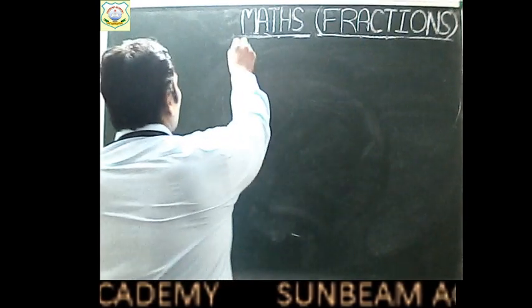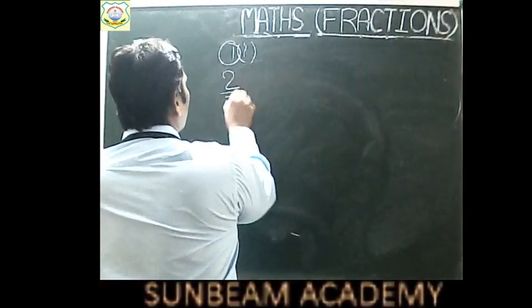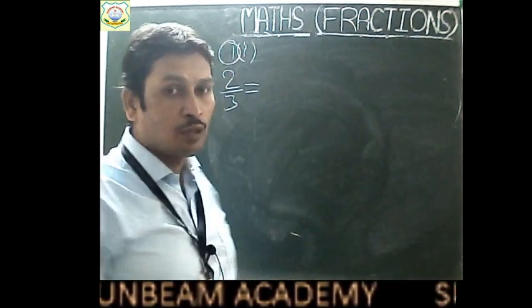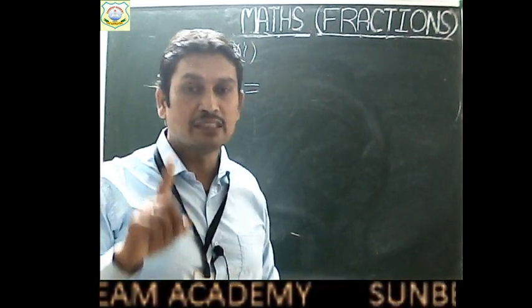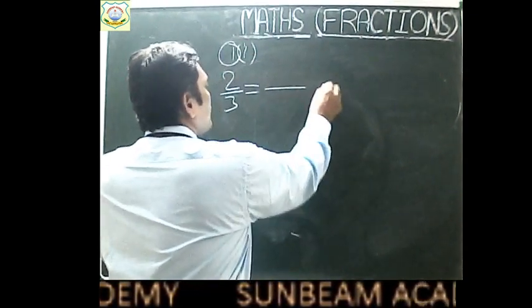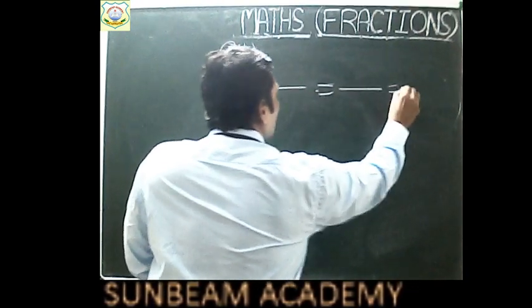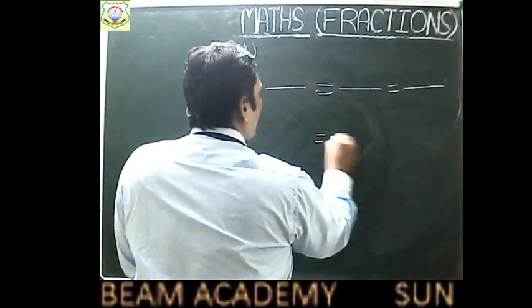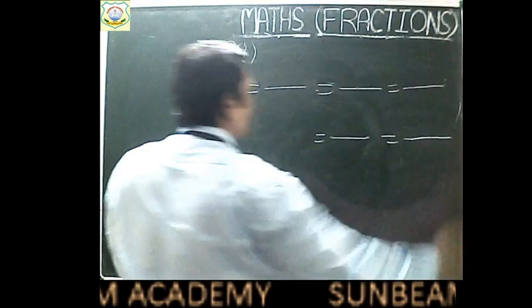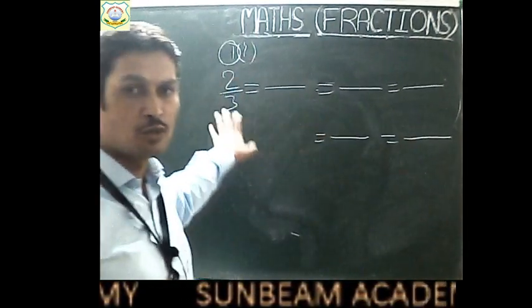Okay, so first question children, first part, our fraction is 2 by 3, right? So we have to find 5 equivalent fractions. Okay, 5 fractions which are equivalent to 2 by 3. First fraction, then second fraction, then third fraction, then fourth fraction, and then fifth fraction. We have to find 5 different fractions which are equivalent to 2 by 3.